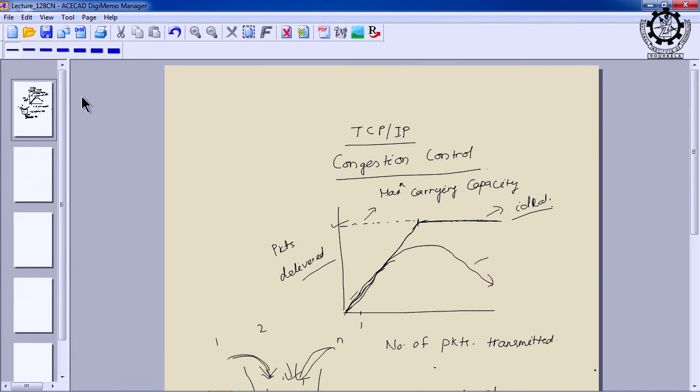That means you have a degradable output, which is the usual normal situation. Your packet deliveries are reduced a lot, and if this situation occurs, we say there occurs a congestion.